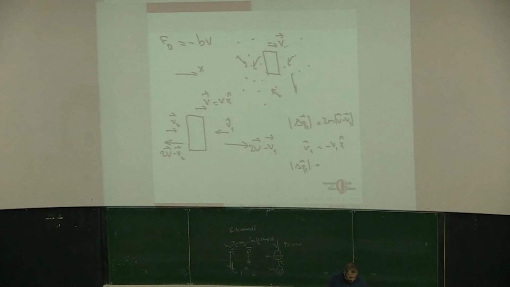So v minus v1, the magnitude is 2m(v plus v1). So this is the change in the momentum of this molecule. Now v2, on the other hand, is v2 in the x direction. So the change in the momentum of the second molecule will be equal to 2m(v2 minus v).